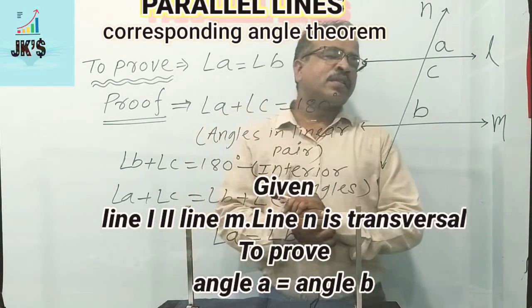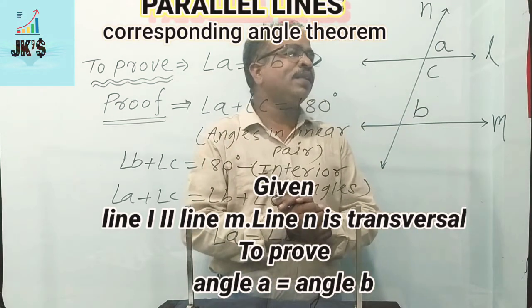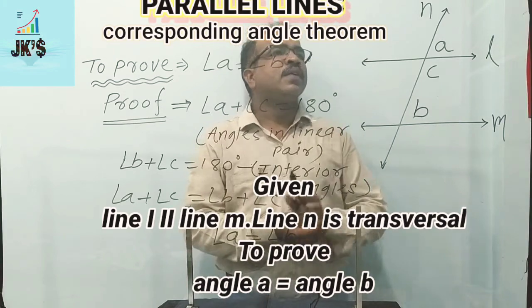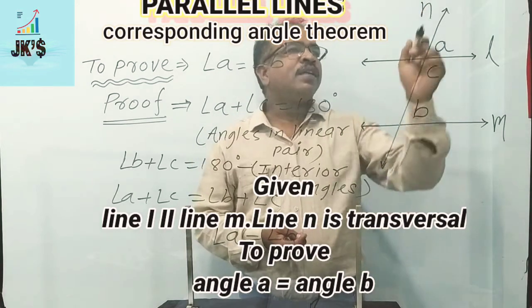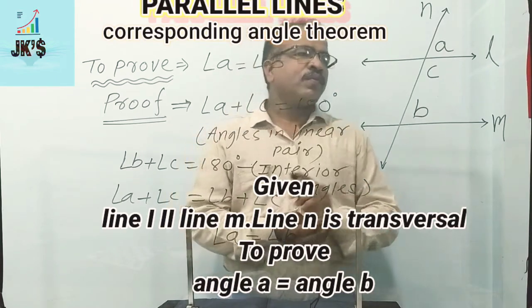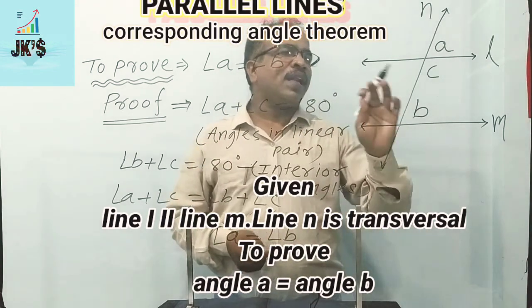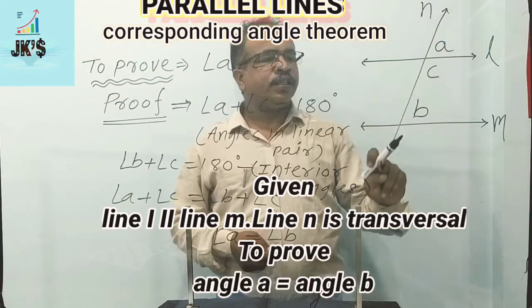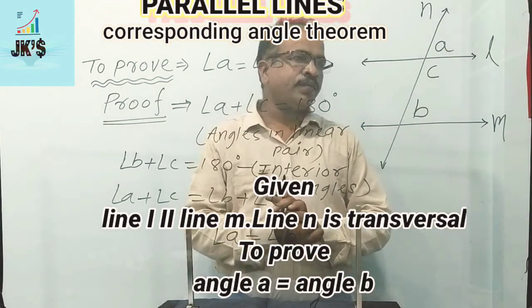Given is that there are two parallel lines, line L parallel to line M, and line N is their transversal.